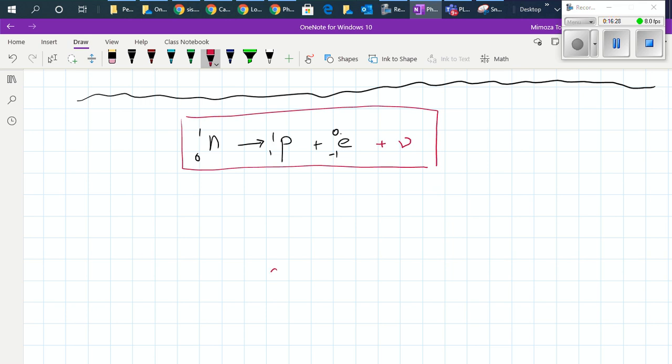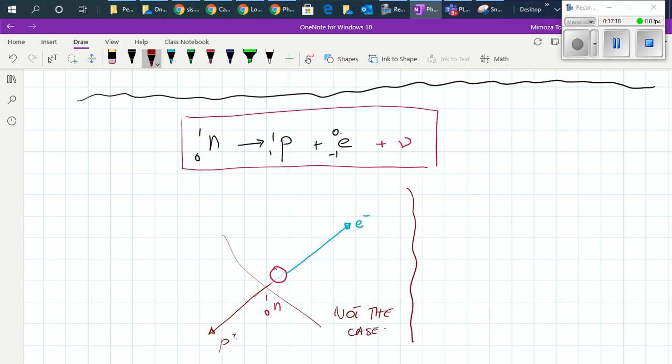So we start with a neutron here, and if there is no other particle like a neutrino produced, then if the electron is going in this direction, the proton should be released in the opposite direction with the same magnitude. But this was actually not the case.